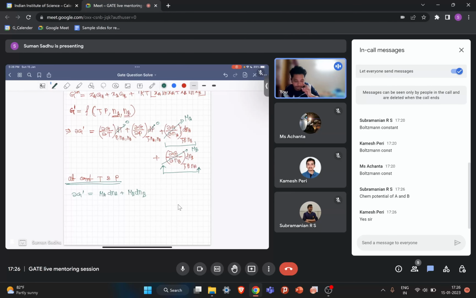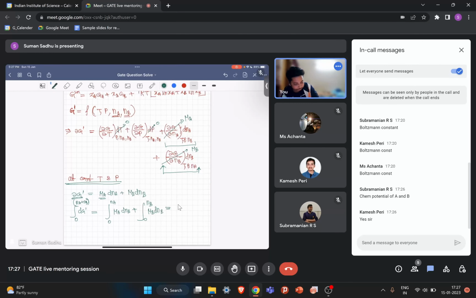Okay, so now if we integrate this, we'll go from 0 to na plus nb, because this is the free energy of your total system. The total system is your na plus nb, right? Integration of mu a dna, this will be 0 to na, because this is only for A, and similarly 0 to nb of mu b dnb.